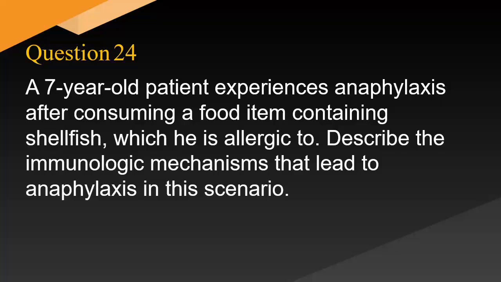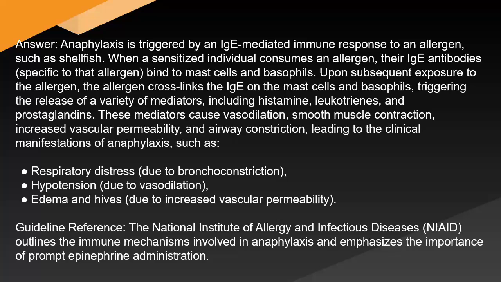A 7-year-old patient experiences anaphylaxis after consuming a food item containing shellfish, to which he is allergic. Describe the immunologic mechanisms that lead to anaphylaxis in this scenario. Answer: Anaphylaxis is triggered by an IgE-mediated immune response to an allergen such as shellfish. When a sensitized individual consumes an allergen, their IgE antibodies specific to that allergen bind to mast cells and basophils.